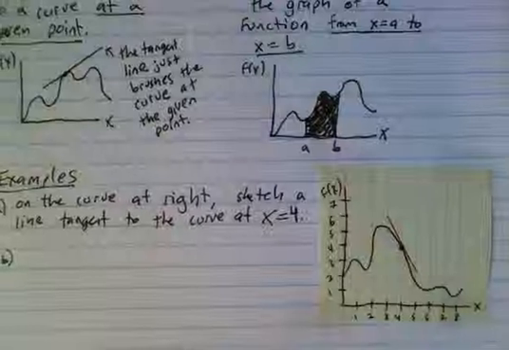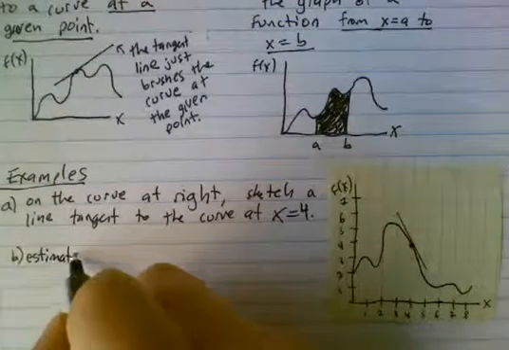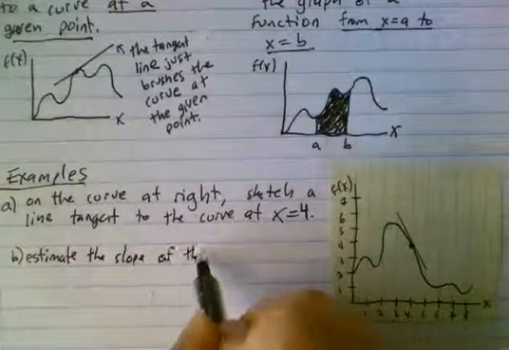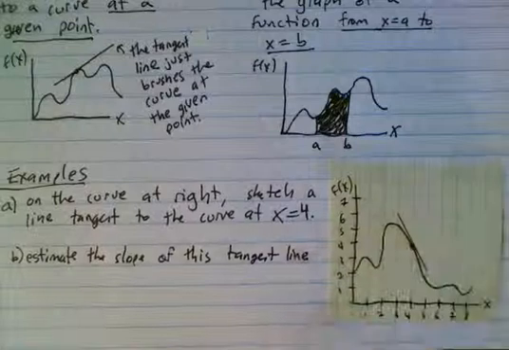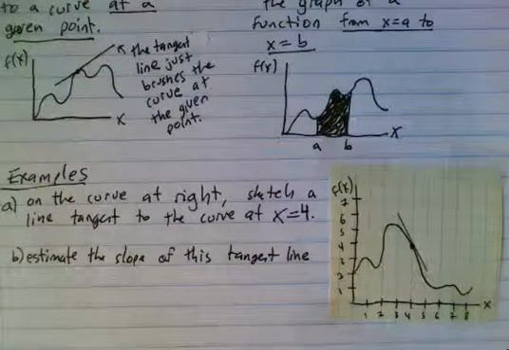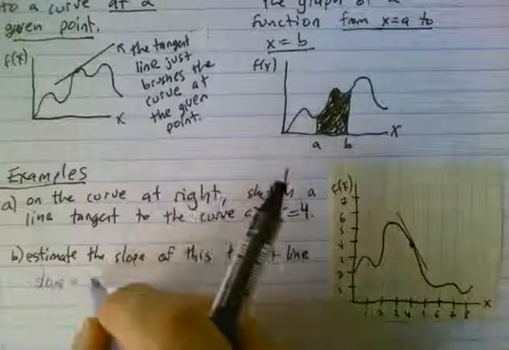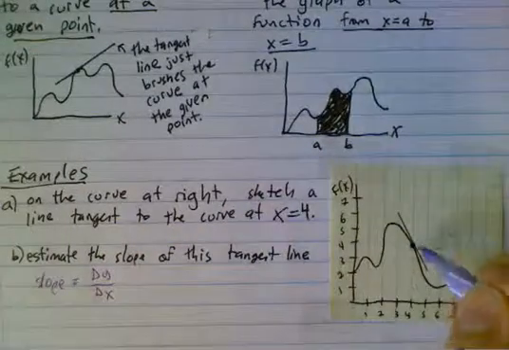Now I want to estimate the slope of the tangent line. The slope is change in y over change in x. So here's my little line.